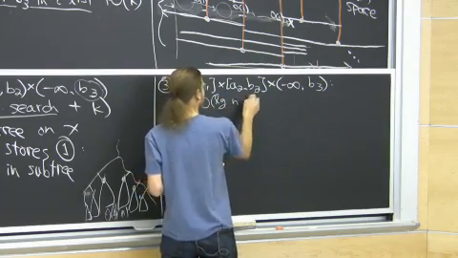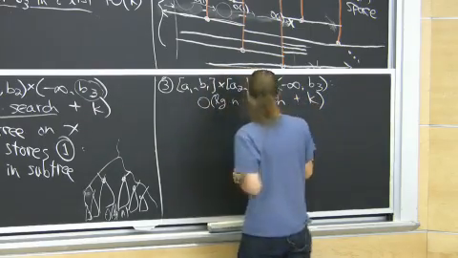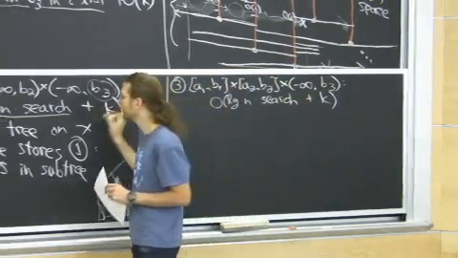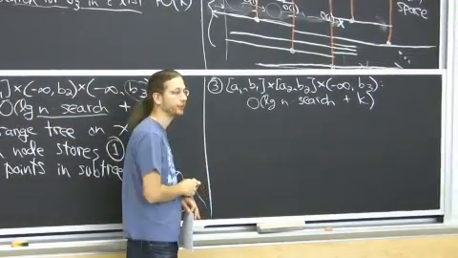Again, I want to do it in log n searches plus k. So same time bound, I want to put in an A2. The cost will be a log n factor in space.